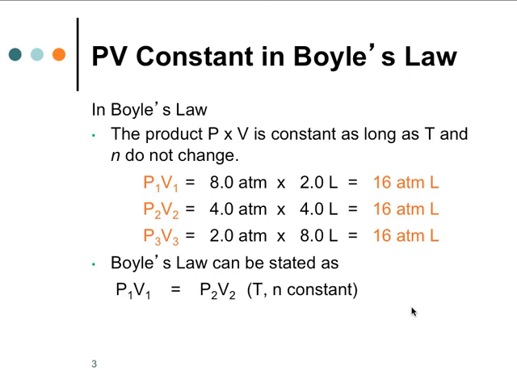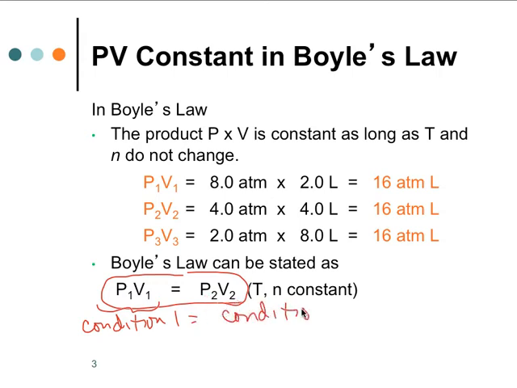So you can state Boyle's law as P1V1 is equal to P2V2, meaning the pressure and volume of the gas at condition 1 is equal to the pressure and the volume at condition 2. So that pressure times volume is really equal to a constant for any given system as long as the temperature and the number of moles of gas stays the same.